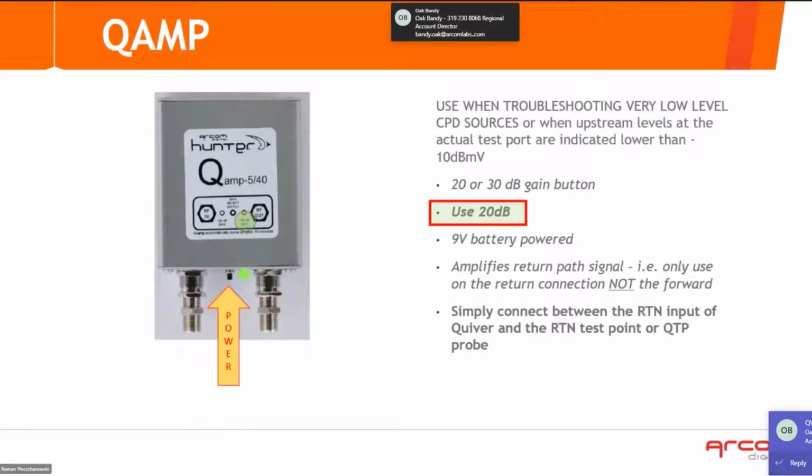If the Q-amp is powered on, of course it has gain, and it filters everything above 40 or 70 megahertz, depending on the design. It filters out this upper part of the spectrum.